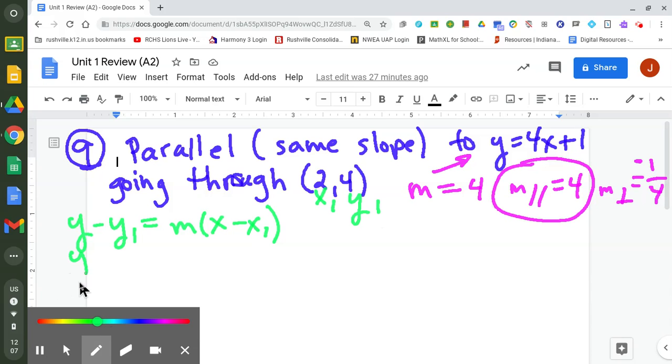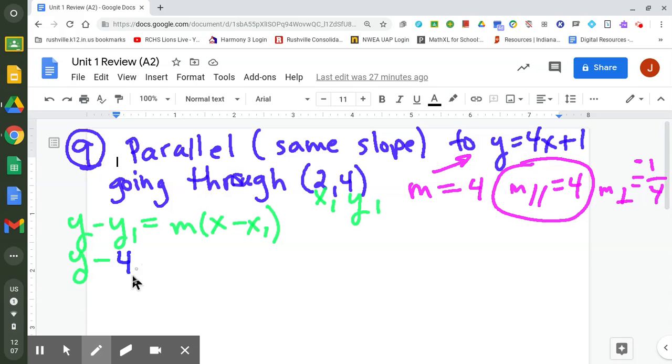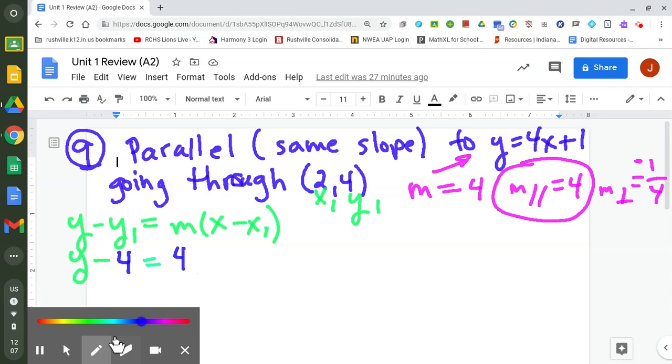So this y stays minus, and then my y1 was 4, equals, the slope was +4, x minus, and my x1 was 2.